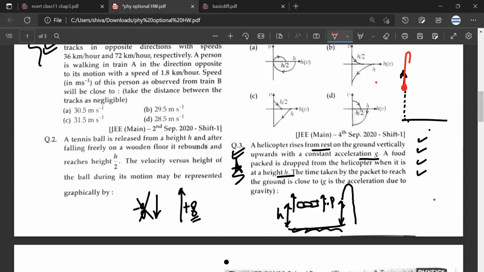From its highest point it will come down, and then it will keep falling. Is it making sense, Avantika? Yeah. Okay. So our job is to find the velocity of the packet when it was at this point. Is it making sense? Yeah. The velocity of the packet and the helicopter would be the same at this point P.